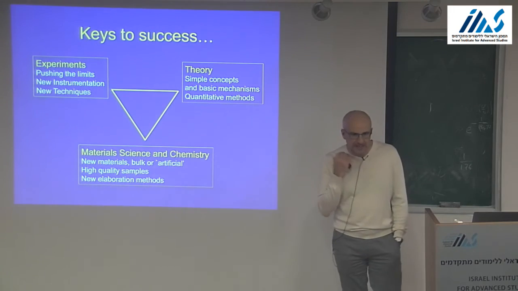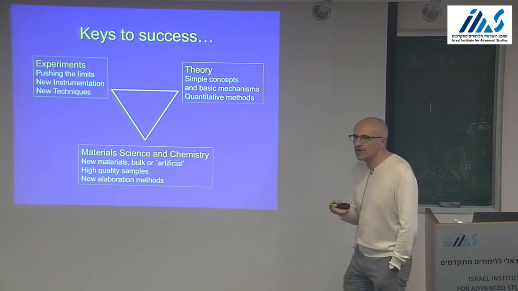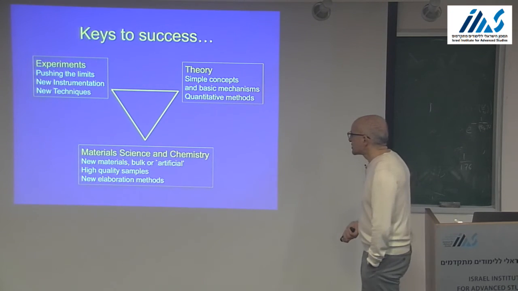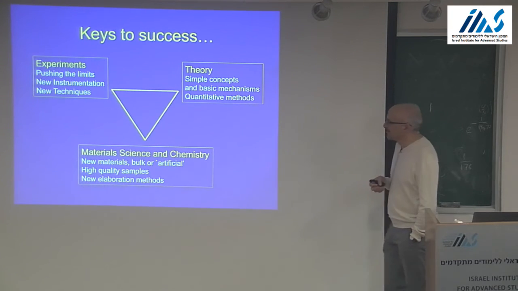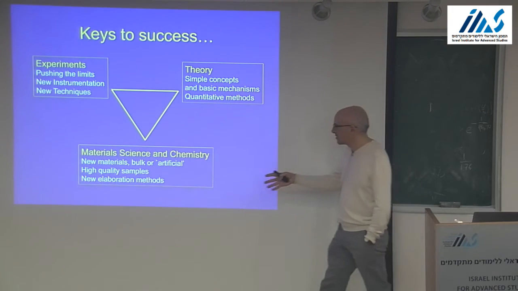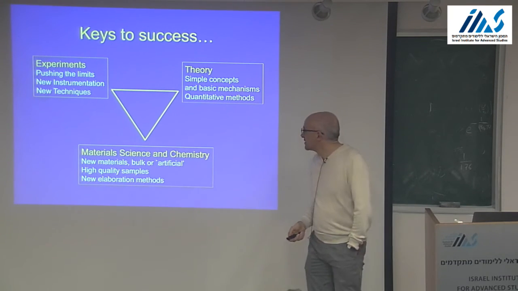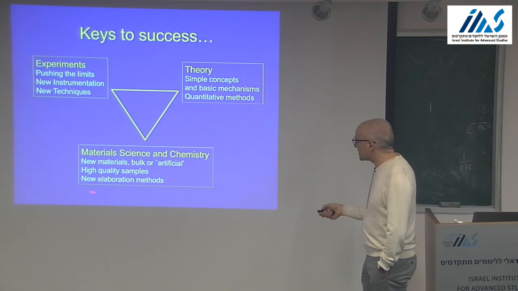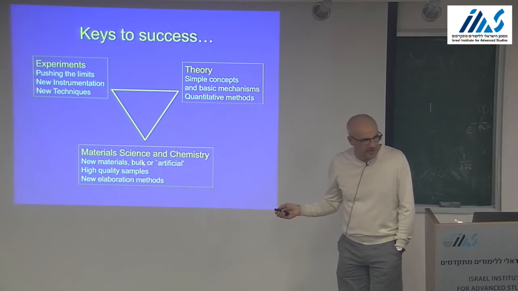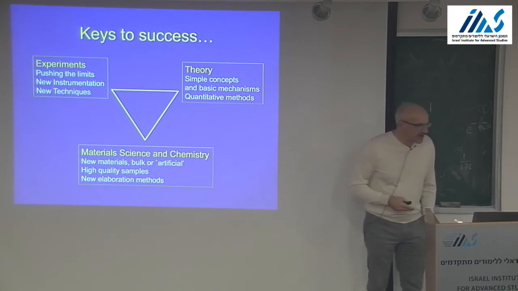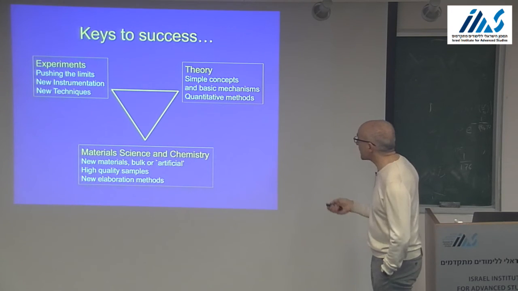This field does not exist without chemists and physicists growing samples. So this is really the core of the activity, and it is the core activity from which all the science can be done.